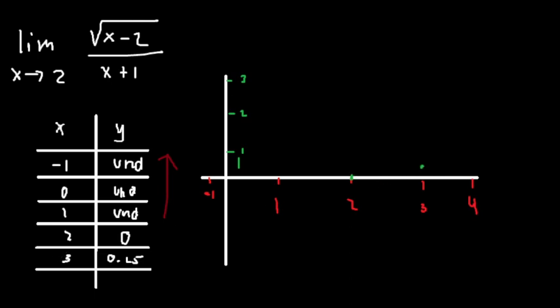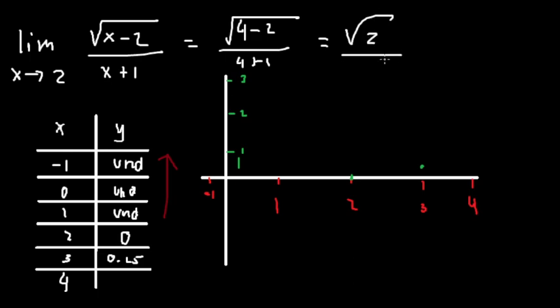Kasi if we use 4 here. Balik natin yung 4. So it's just 4 minus 2 over 4 plus 1. So it's gonna be square root of 2 over 5, which is 0.283.